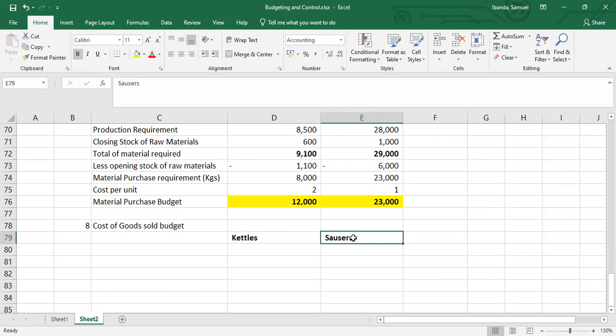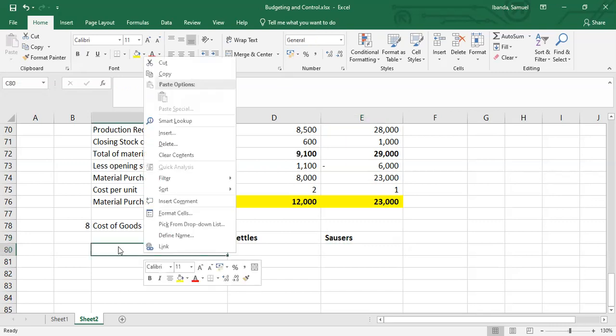We are going to see how that applies to this question. Remember, this business has opening stock and closing stock. When it is FIFO, it means that whatever comes in first is first issued out. That is the whole idea that we shall use.